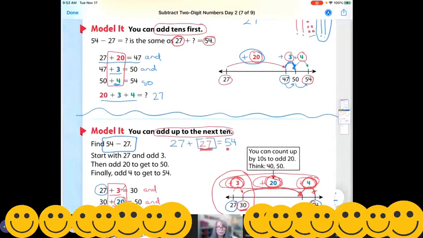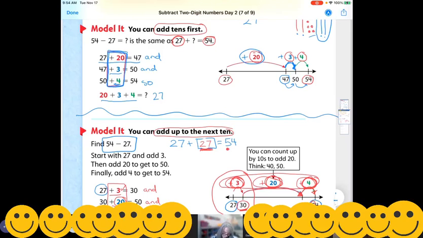Go ahead and open your book and take a look at page 72. You don't have to write all this crazy stuff that I did. I would like for you to put a rectangle over here where they're showing you the different steps and how much they've added in the first example.